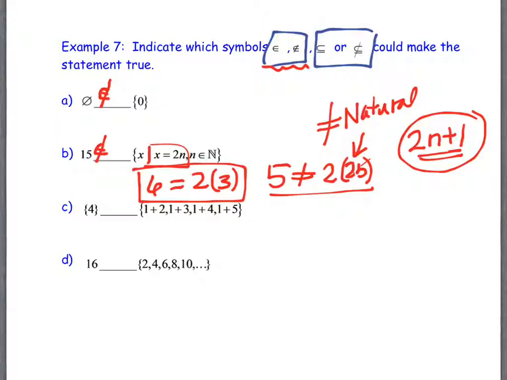It's not a number itself. It's a set. The thing on the left-hand side is a set, just like the original empty set in part A was a set. So the description, it's semantics, right? It's how we're defining things. The definition about elements has to do with this has to be an element to begin with, and it's not an element. It's a set.